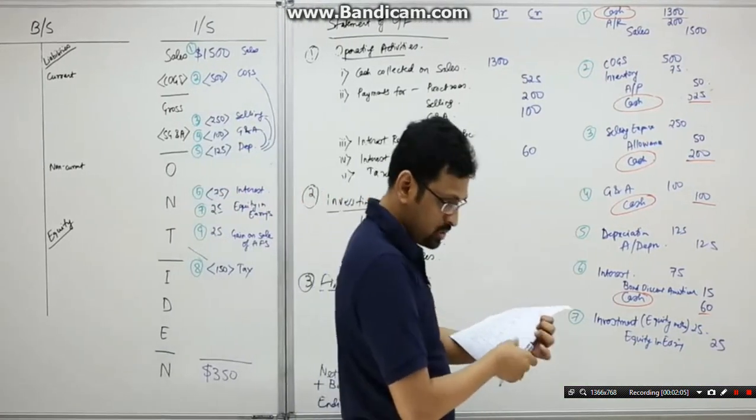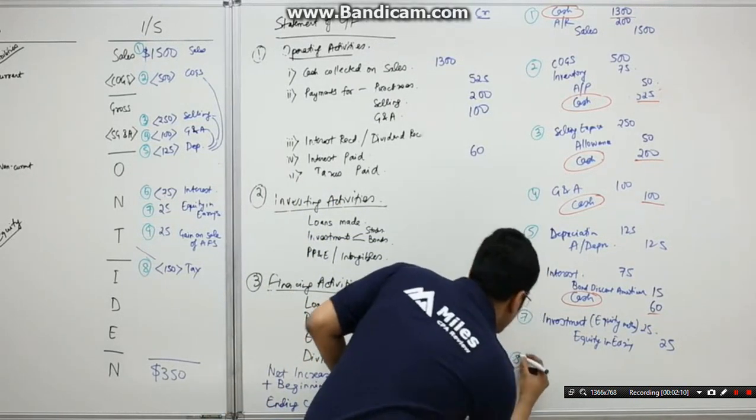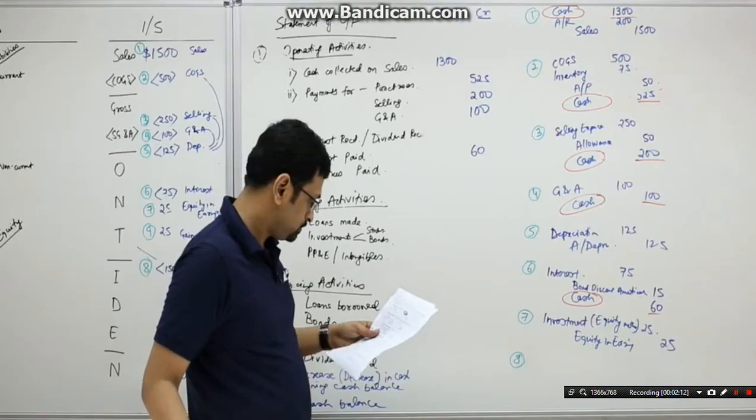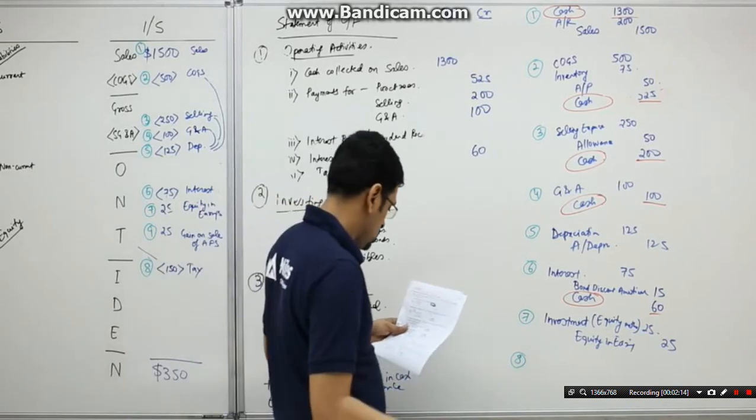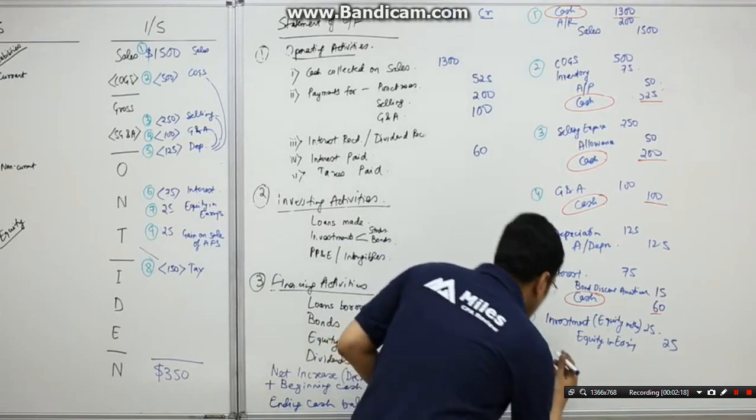So let's put all the changes on the journal entry. I'm looking at the 8th journal entry here. This is income tax expense, that's 150.